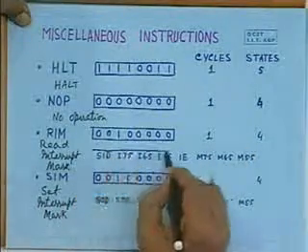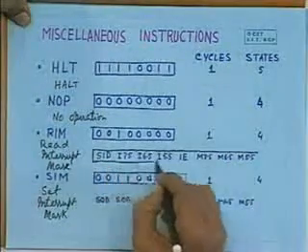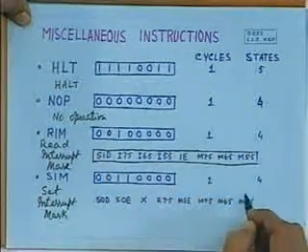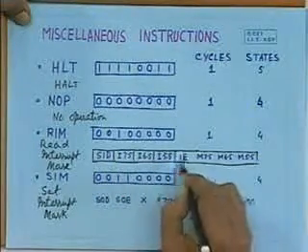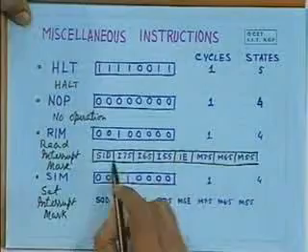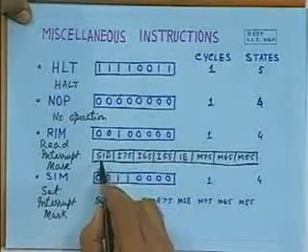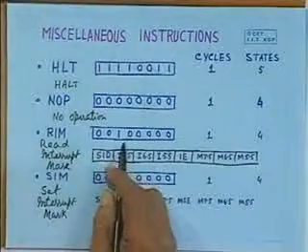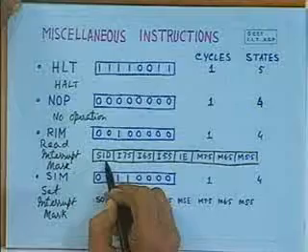Whenever you execute a RIM instruction, some value will be transferred to the accumulator, and the accumulator will contain this information, including serial input data. So you can perform serial mode of data transfer with the help of this instruction.